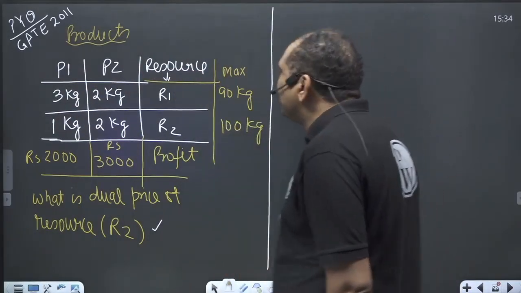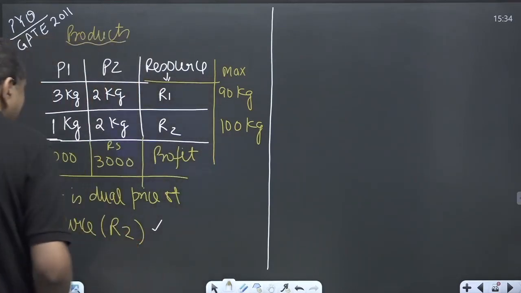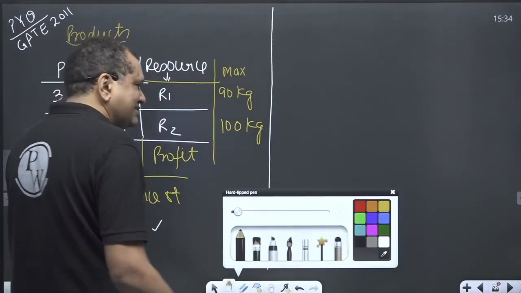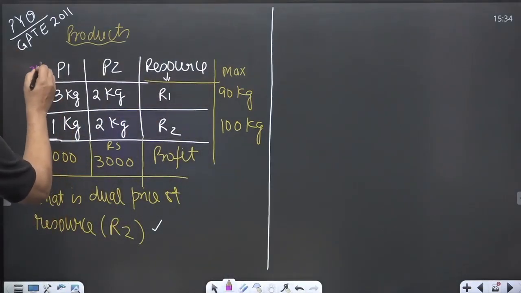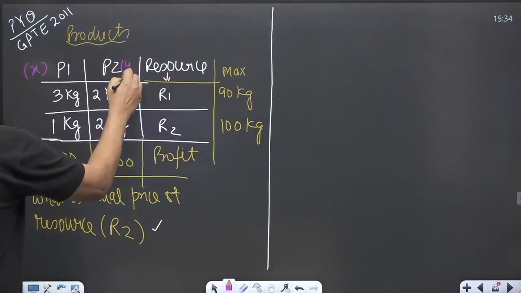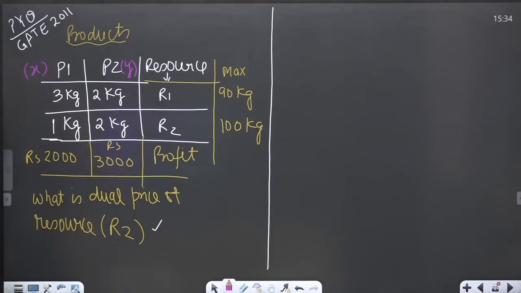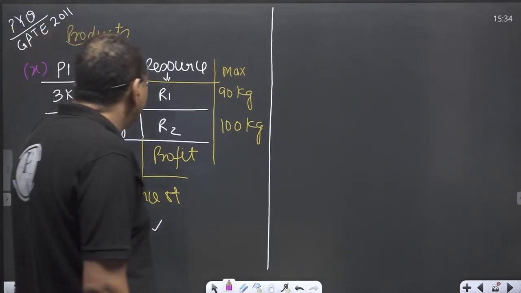So let us say I want to produce x quantity of product P1 and y quantity of product P2.